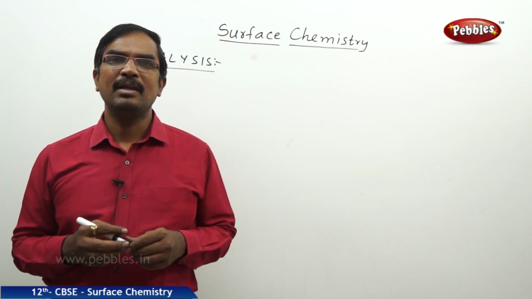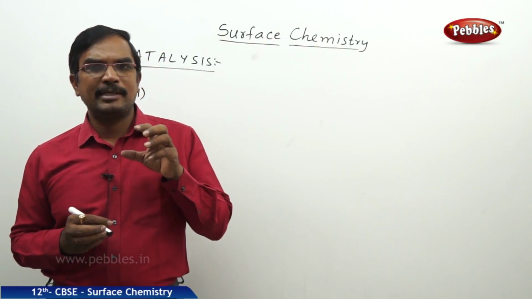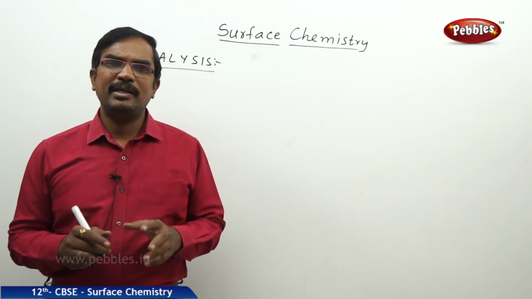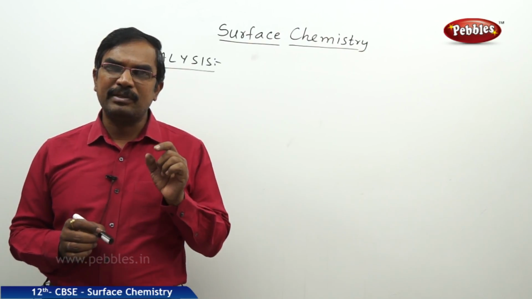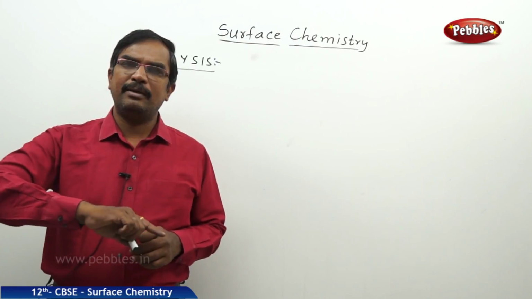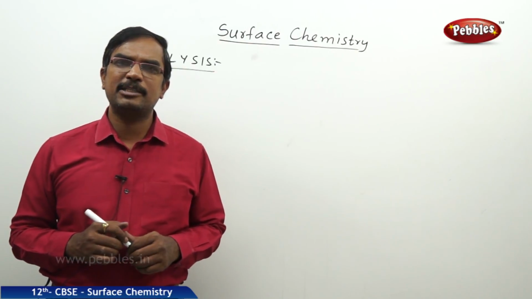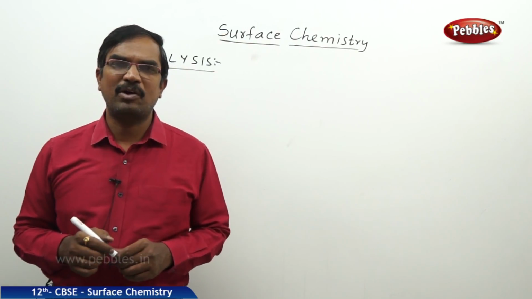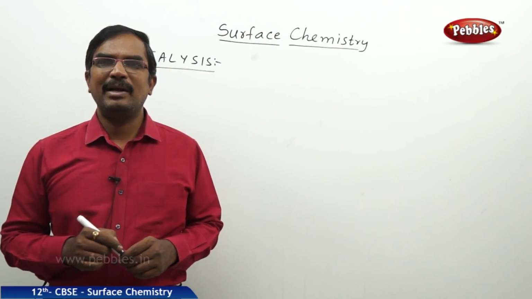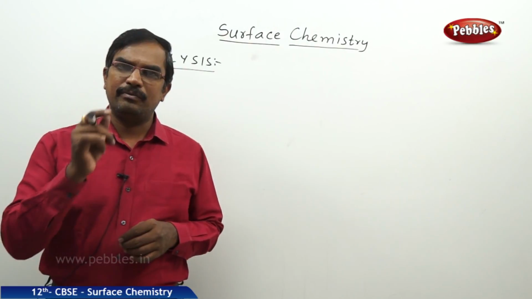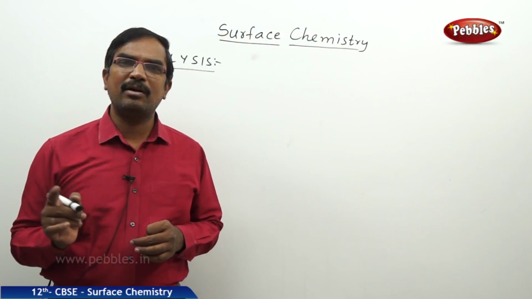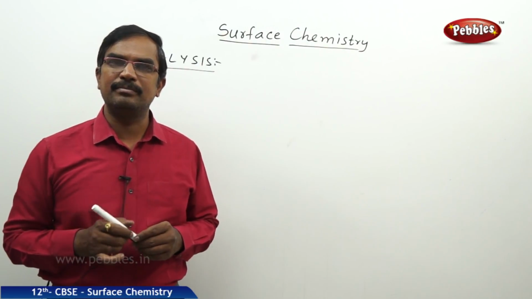At the same time, if it is a reversible reaction, suppose the forward reaction rate is increased by the addition of the corresponding catalyst. But in a reversible reaction, we always observe the attainment of chemical equilibrium.